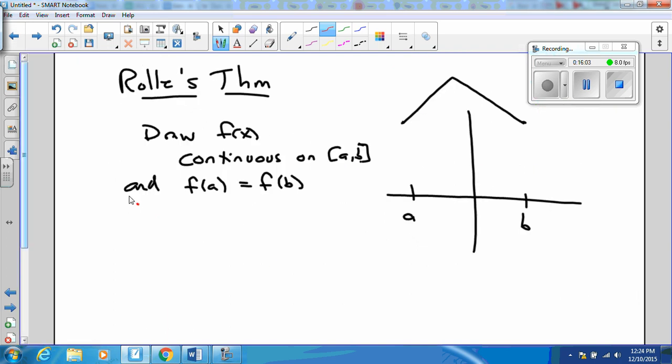Okay, let's go back. Did all of you draw a continuous function so that f of a equals f of b? Does your function have a critical point? Yes. No. Are you sure? Your function was a horizontal line, right? So you've got critical points all over the place. Every single value f prime of c is equal to 0.